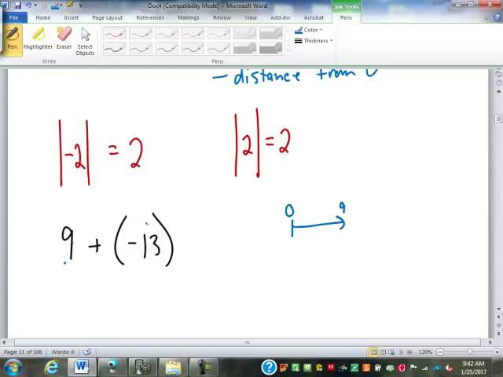The negative 13, it's negative, so it goes the opposite direction. And we just said it has a larger absolute value, so it has a longer vector. So it goes the opposite direction, and it's going to go past 0 because it's longer. So this picture tells me that my answer is negative, and it's still the difference in those lengths, the difference in the absolute values. What's the difference between 9 and 13? 4. So the answer to that is negative 4.